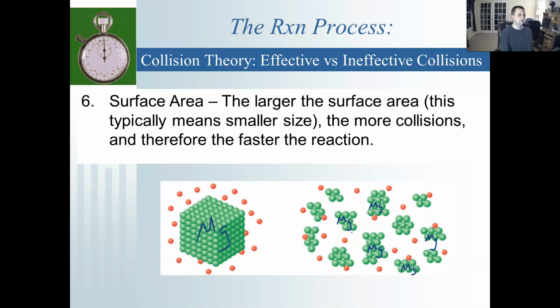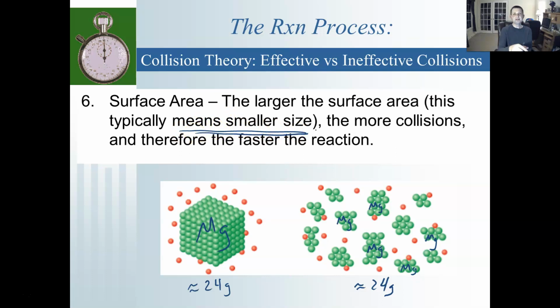Let's say we have a mole of magnesium, which is around 24 grams. You're going to have 24 grams of magnesium on the left, 24 grams on the right, but just in a smaller size. So more surface area, the same amount, but smaller particle size.